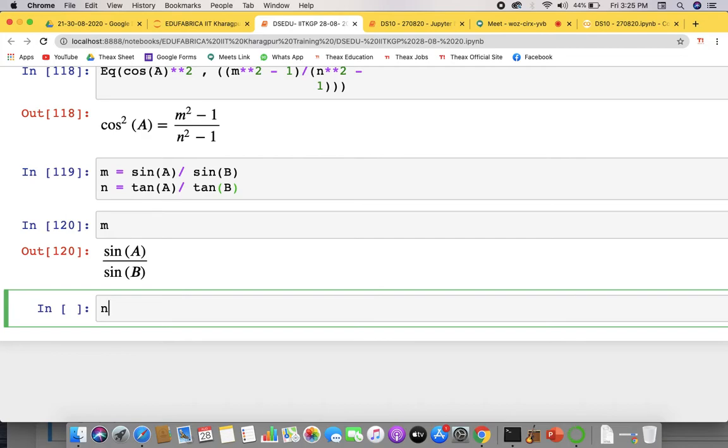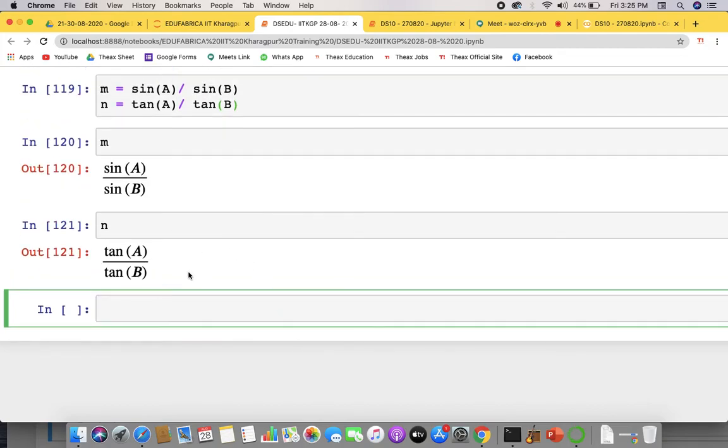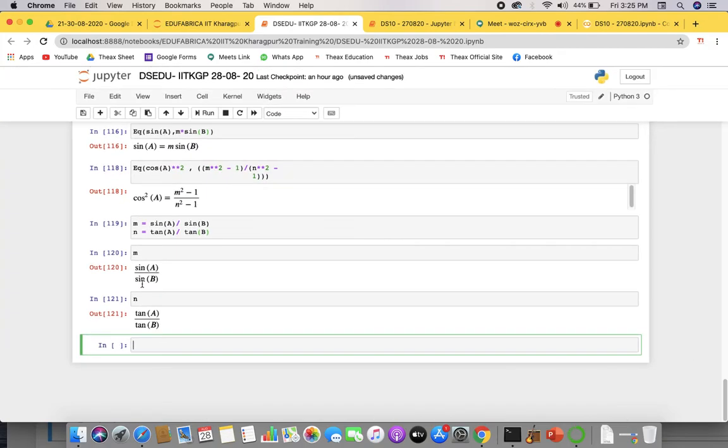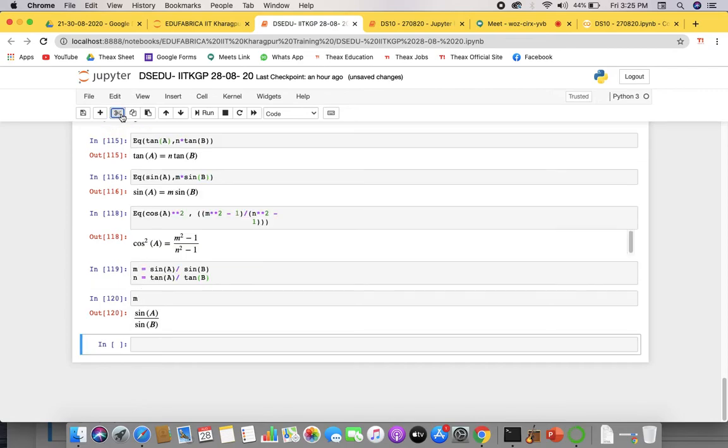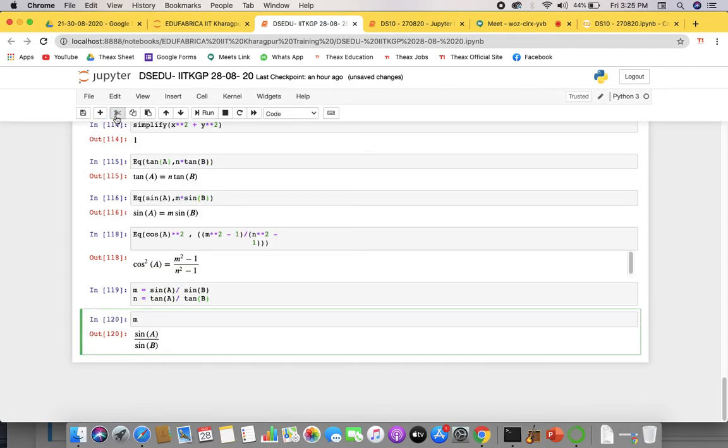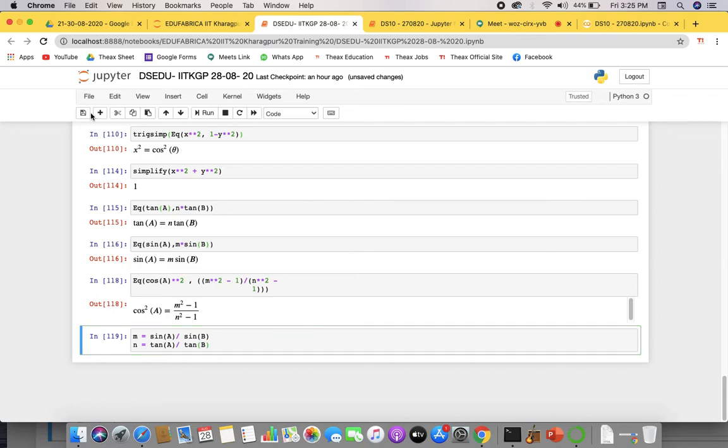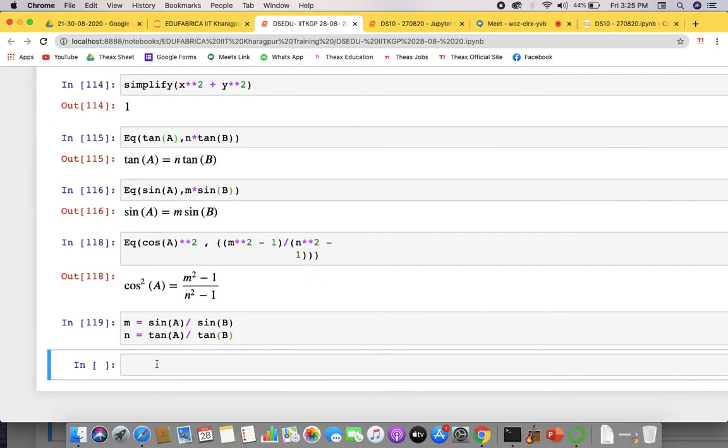This is m and this is n. Just cancelling all this, making it a short answer. Now, should we just put that value inside this equation?